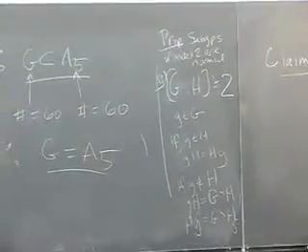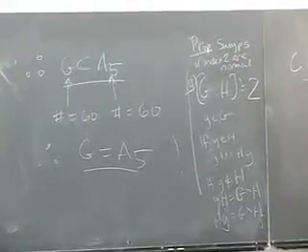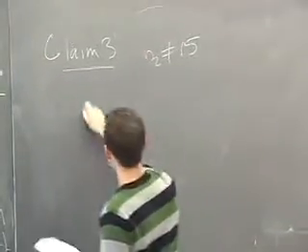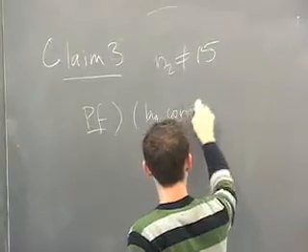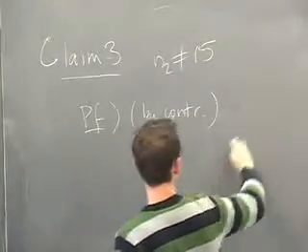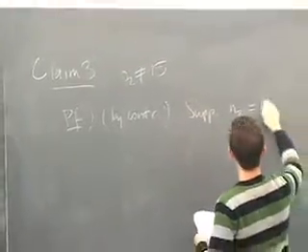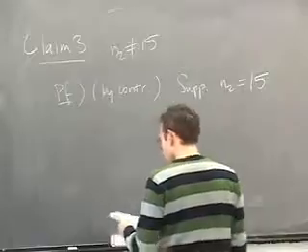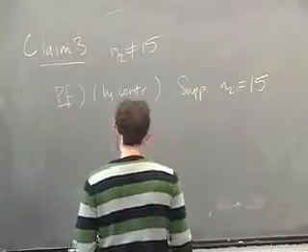Claim 3: n2 is not 15. I'm going to skip over a lot of the details here because it gets to be a bit hairy. But again, it's one of these proofs by contradiction. So suppose it is. Well, here's a way of putting it.